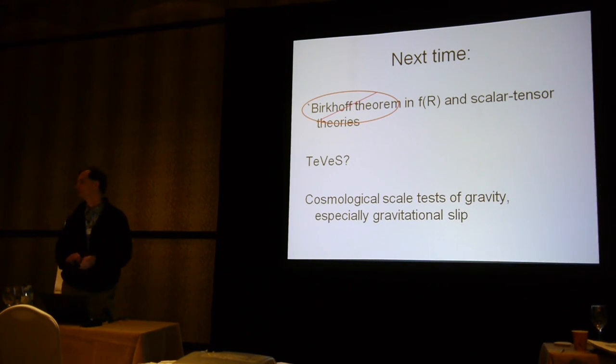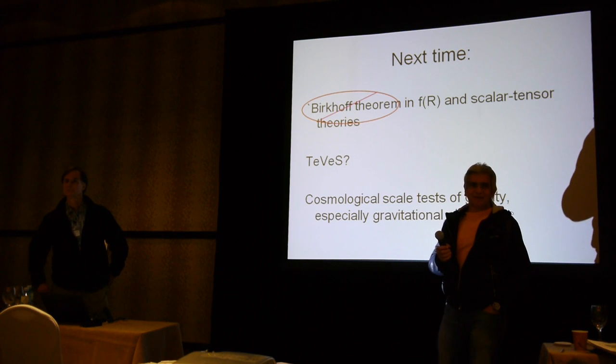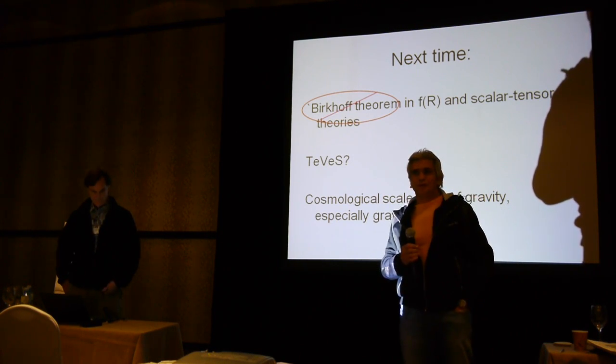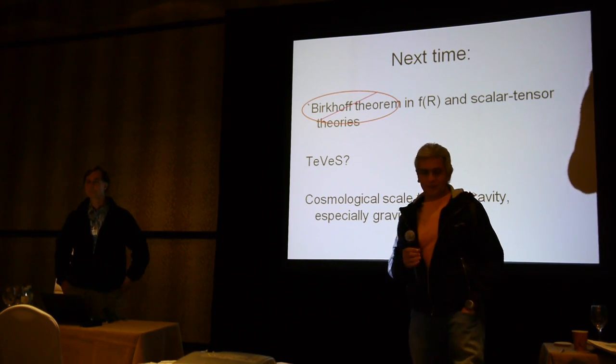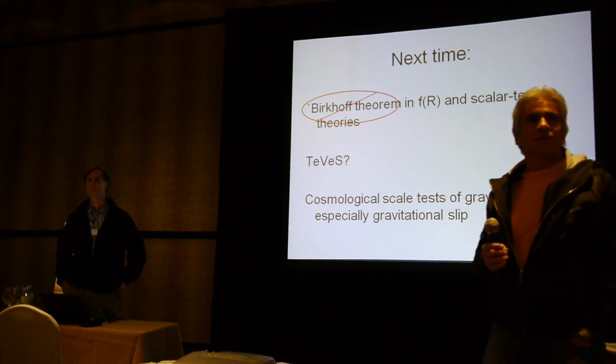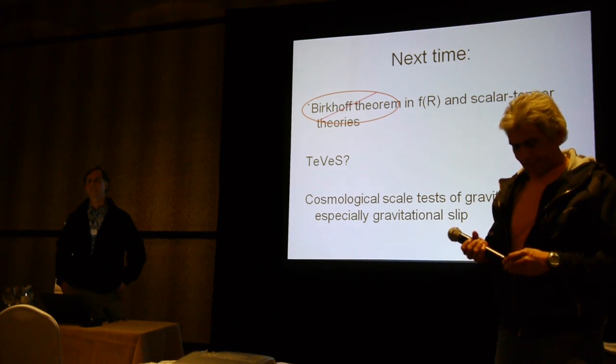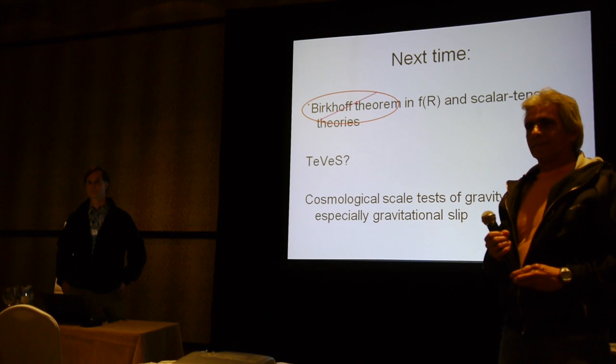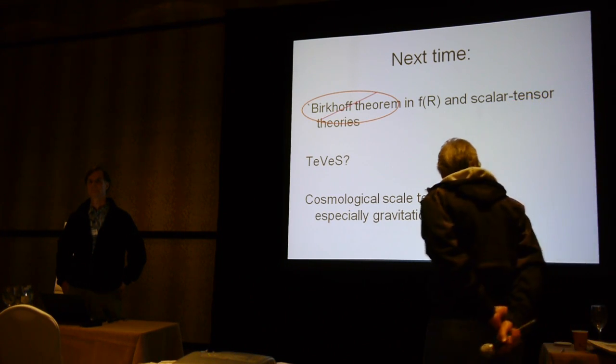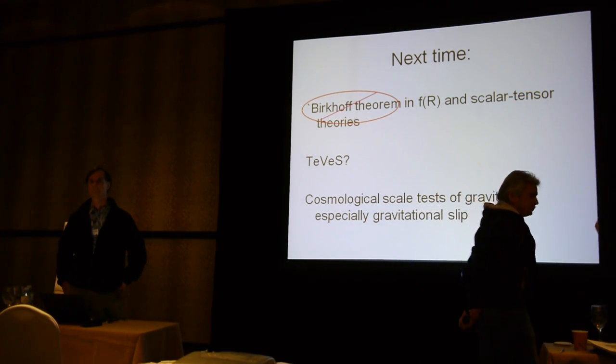Comments or questions? Marcelo. Okay, so I'd like to make some remarks. First is about the extra degree of freedom. You can see the extra degree of freedom as another polarization mode.